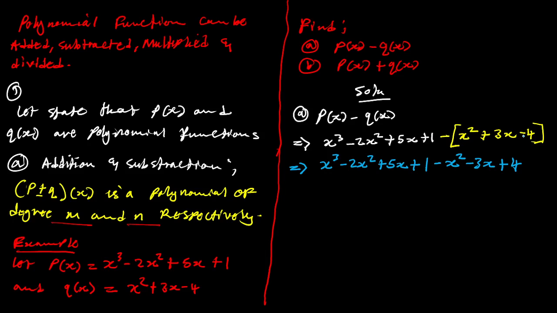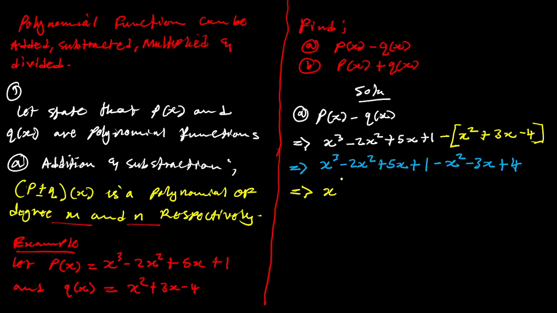If you look, x cubed is alone, so you write x cubed, and then you have the other terms, this one here and that one there, which come together. So you're going to have negative 2x squared minus x squared. Remember not to change the sign; this term has to go with its sign.